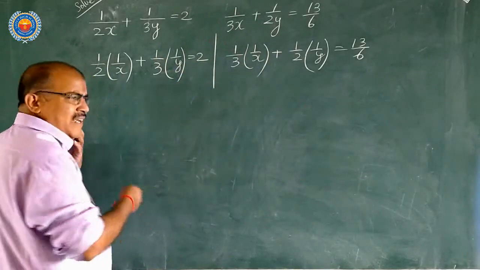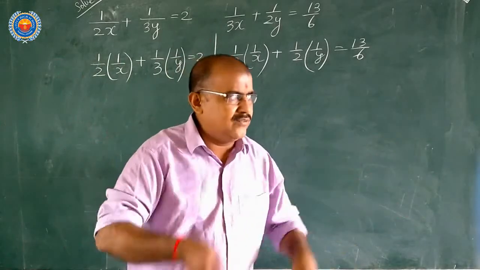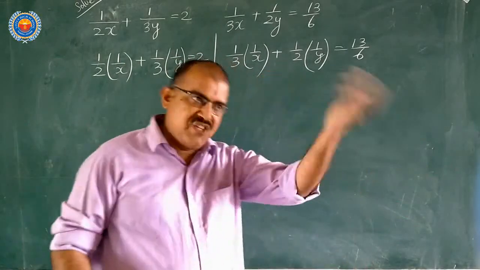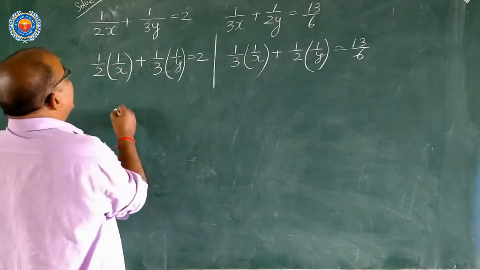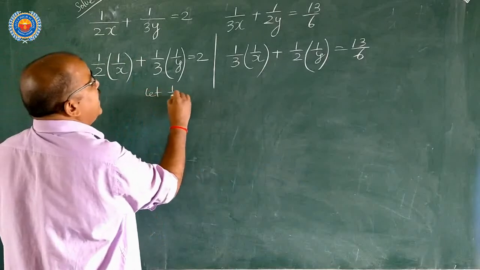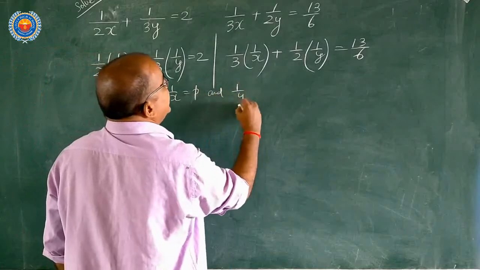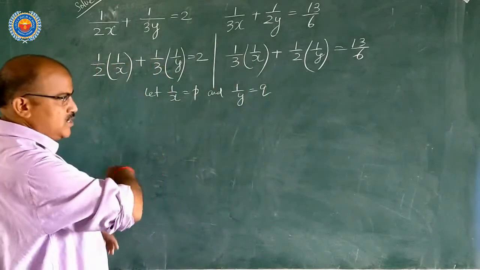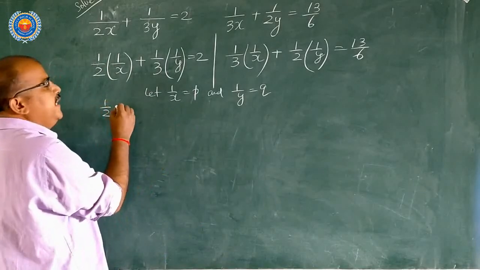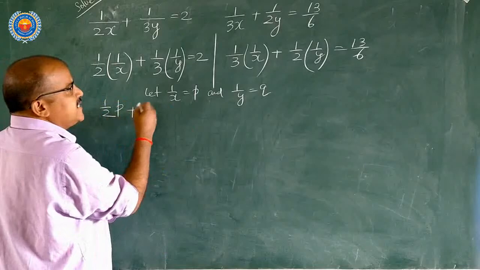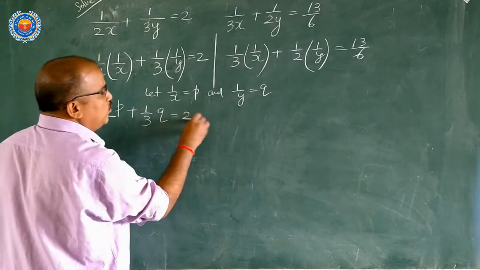Now, the same way, I am always habituated with P and Q, so again I am taking P and Q. If you want, you can use any variables apart from x and y. So let 1 by x is equal to P and 1 by y is equal to Q. So 1 by 2 into P plus 1 by 3 into Q is equal to 2.